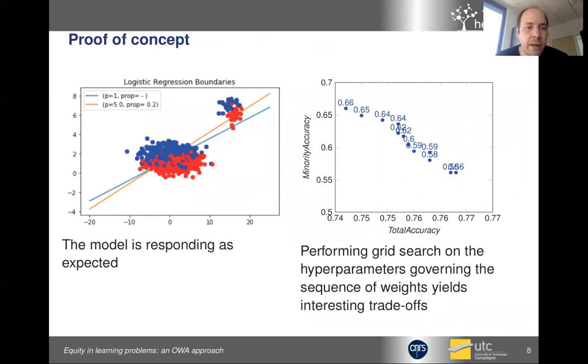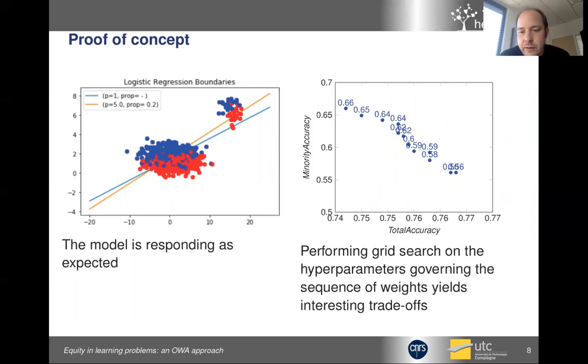You see that if we apply our strategy to our problem, we learn a model that remains quite good on the majority and becomes indeed quite a bit better on the minority. On the right, you have a drawing of the different curves we have chosen, and of the Pareto front of different models obtained with different concave functions.